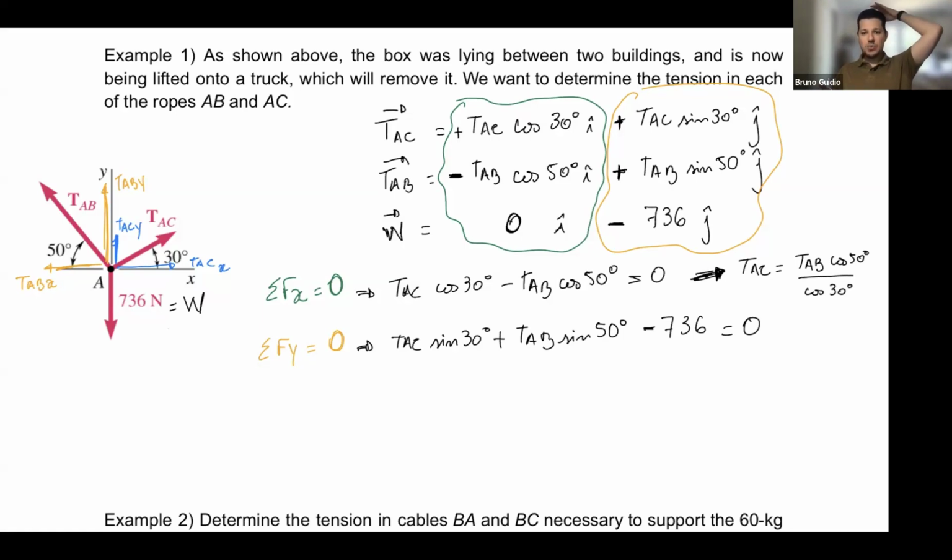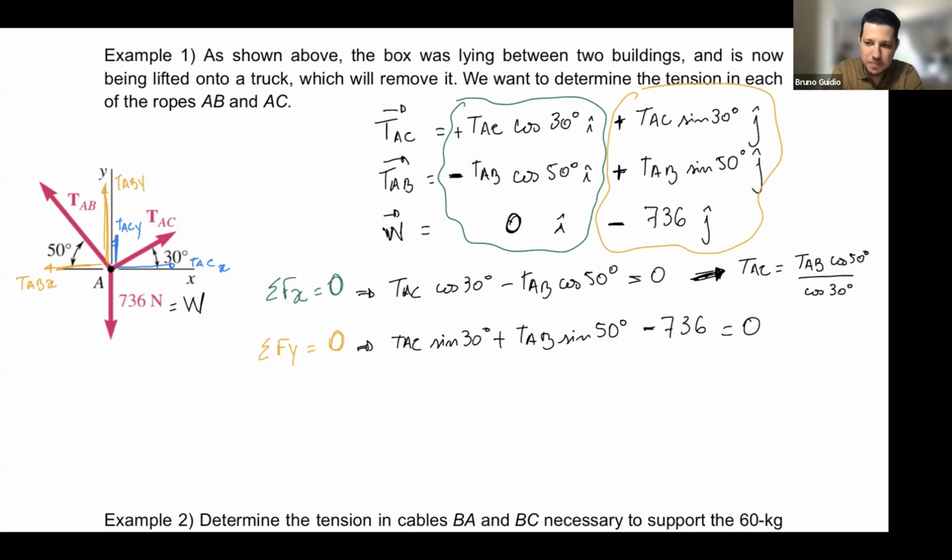Can everybody visualize what I did? Can you write yes in the chat? Okay, all good, awesome.